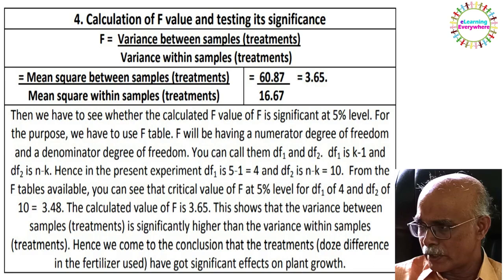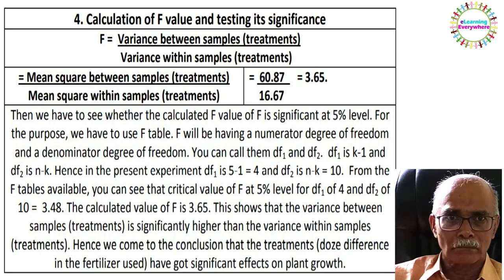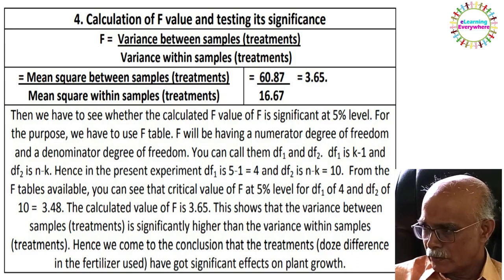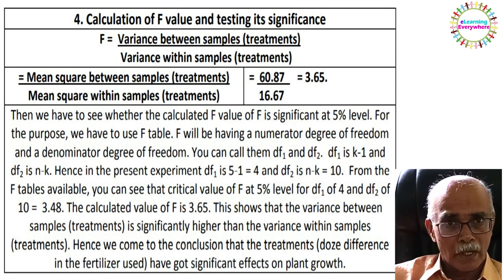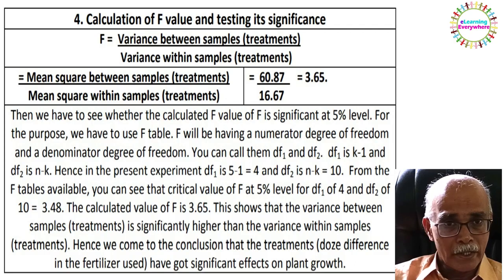Here, you see the numerator degree of freedom is 4 and the denominator degree of freedom is 10. So you have to find out the corresponding value of F for df1 equal to 4 and df2 equal to 10.